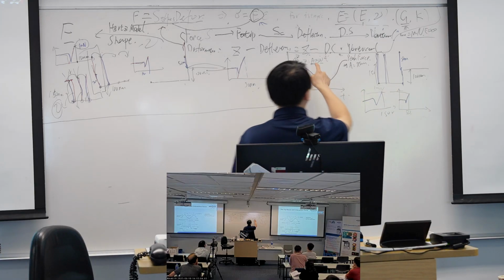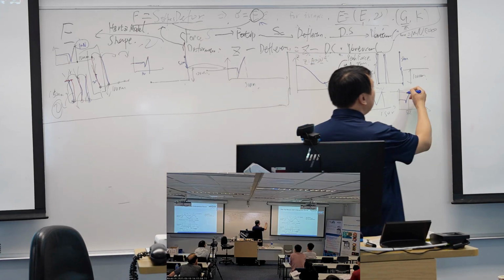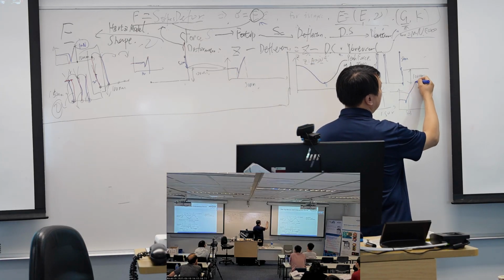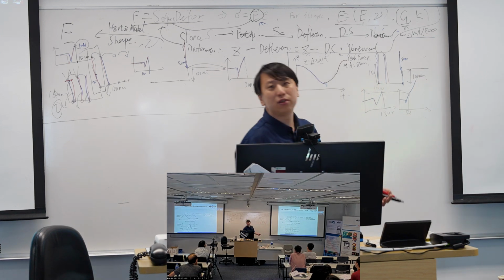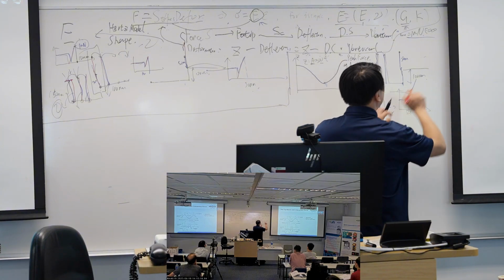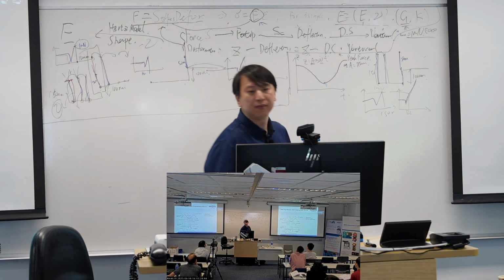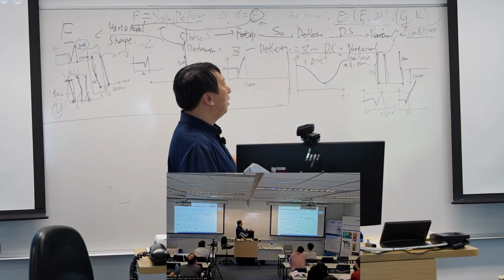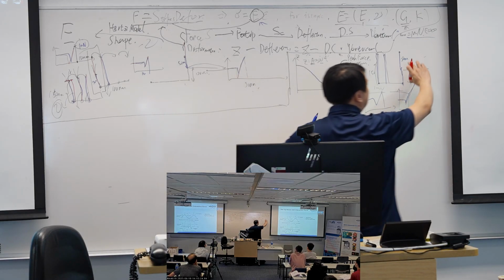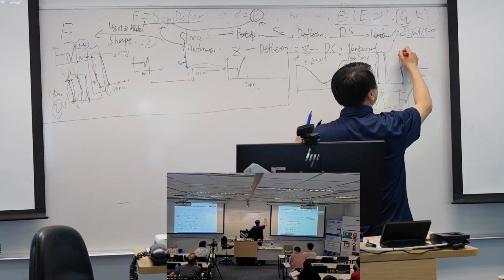But the amplitude is fixed. I have to go down. So the force will continuously increase to a certain value that is not controlled. And then it goes back, and once it goes back, it still comes back to this point.